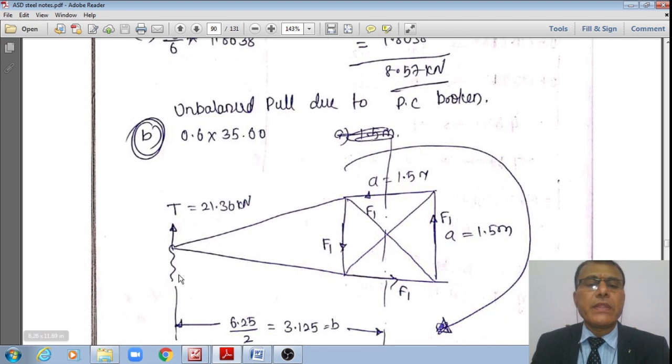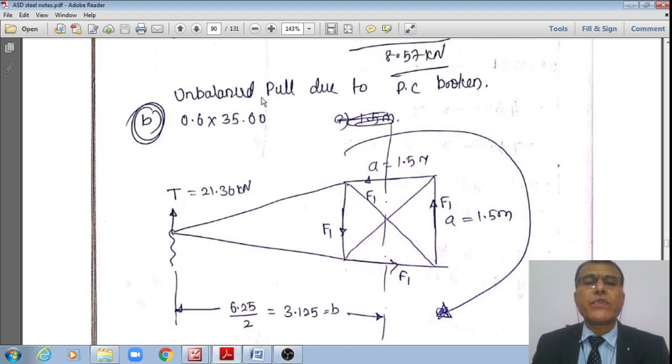kilonewton. However, this broken wire on one side will lead to an unbalanced pull in the form of tension due to this broken condition, which leads to the torque or rotation of this plan area about this central axis of the transmission line tower, right?